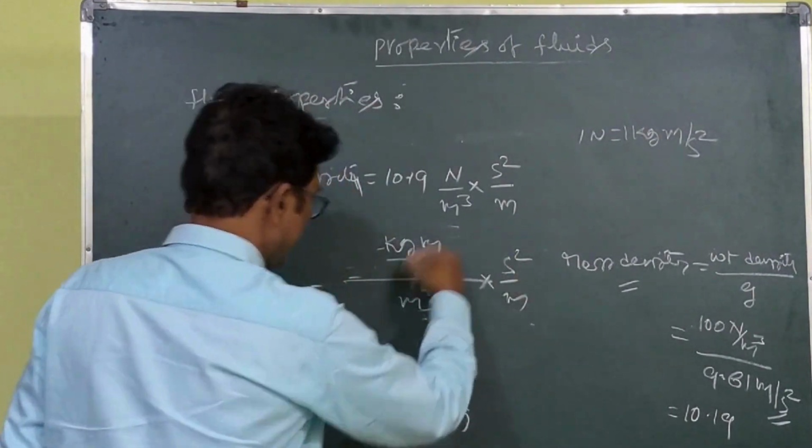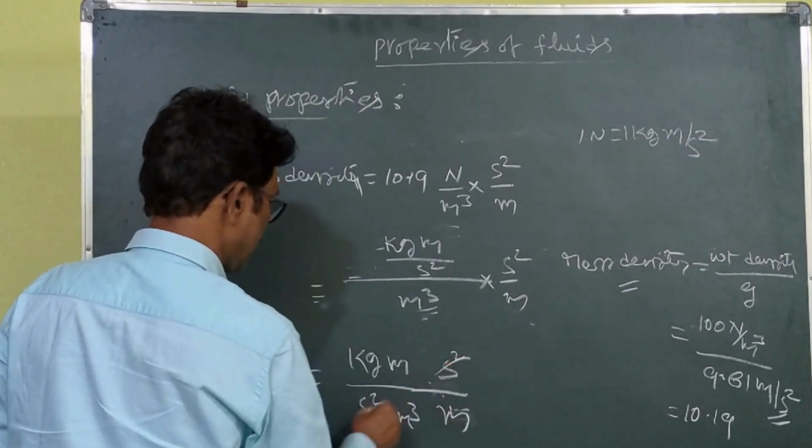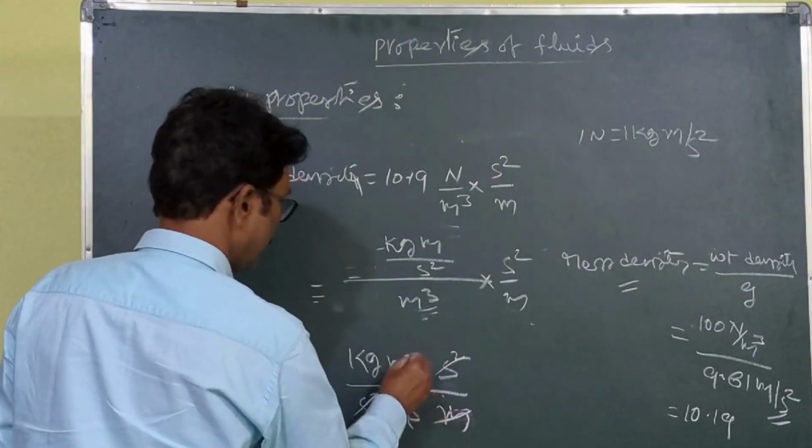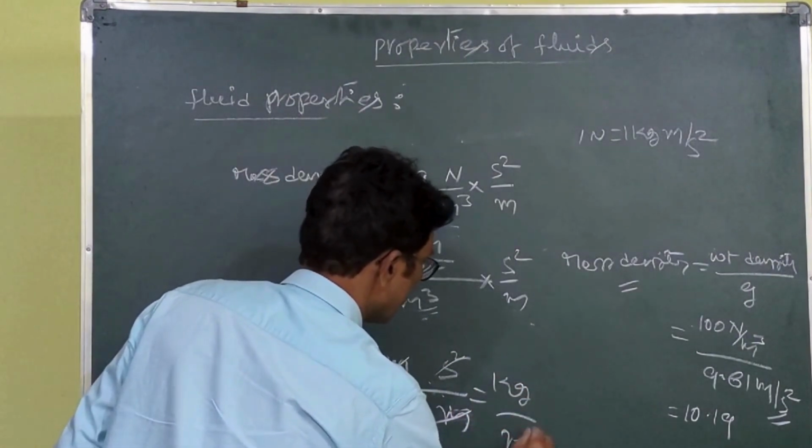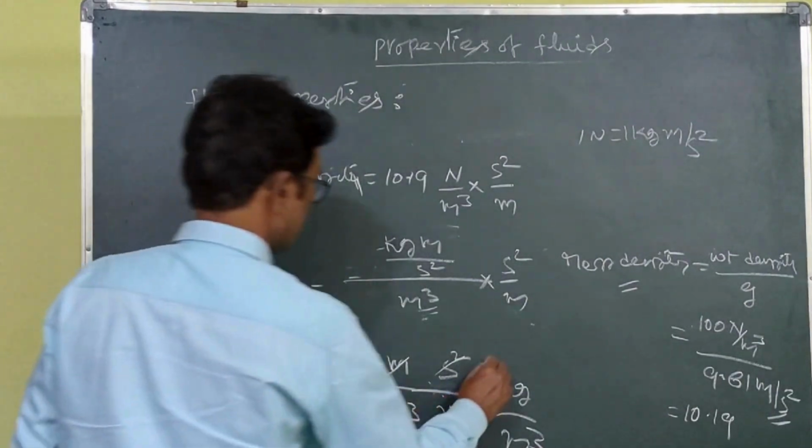If you simplify this, they get cancelled. Second and meter cancel. Finally, you get kg per meter cube. Like this, we have to arrive at it.